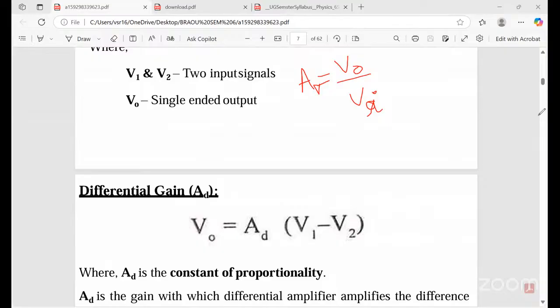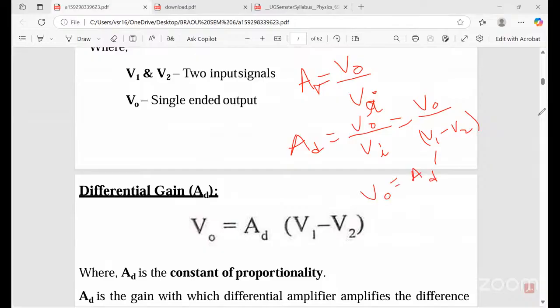Here, for differential gain, in place of AV we write AD. V naught by Vi, where Vi is V1 minus V2. So V naught is AD into V1 minus V2.